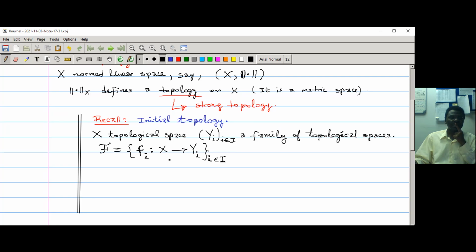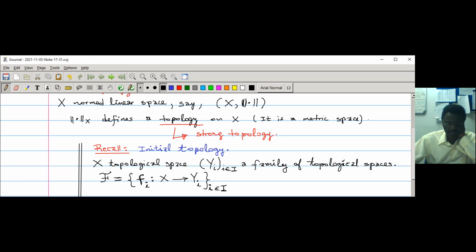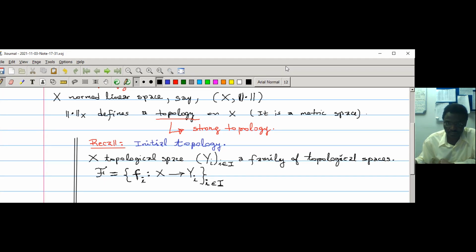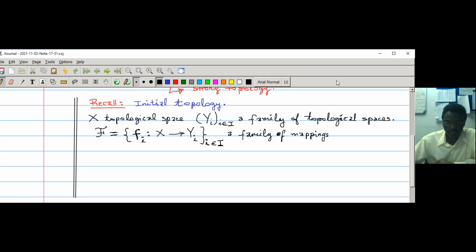We define the initial topology as the topology for which each F sub I is continuous. That's how we define it.